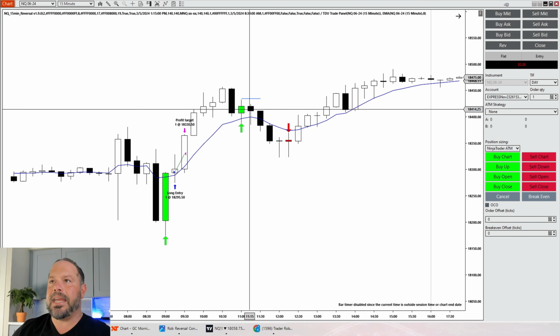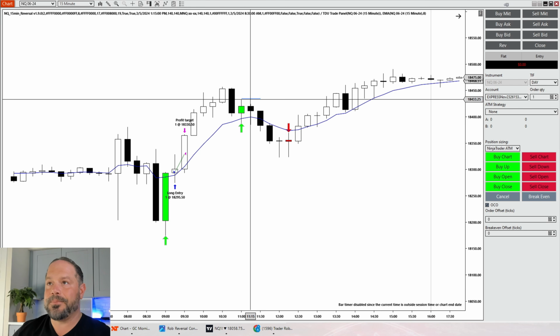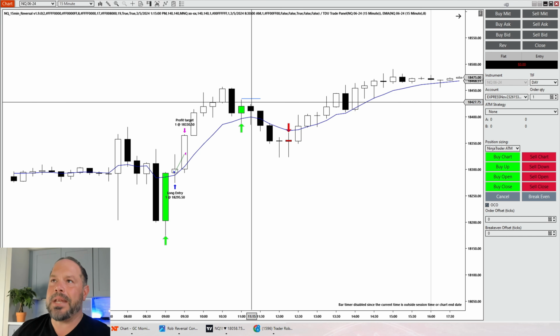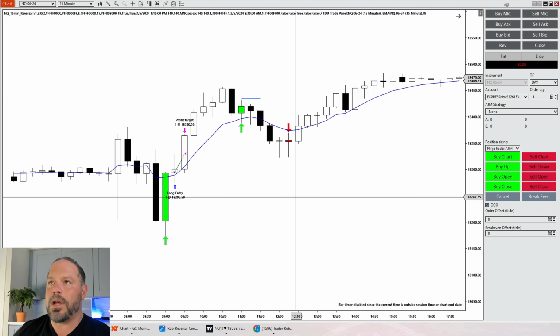Now, we would need this next candle to be an up bar to breach this entry, at least in the beginning. It wouldn't have to close that way, but it would have to get past this one tick of offset to get us into a long trade.